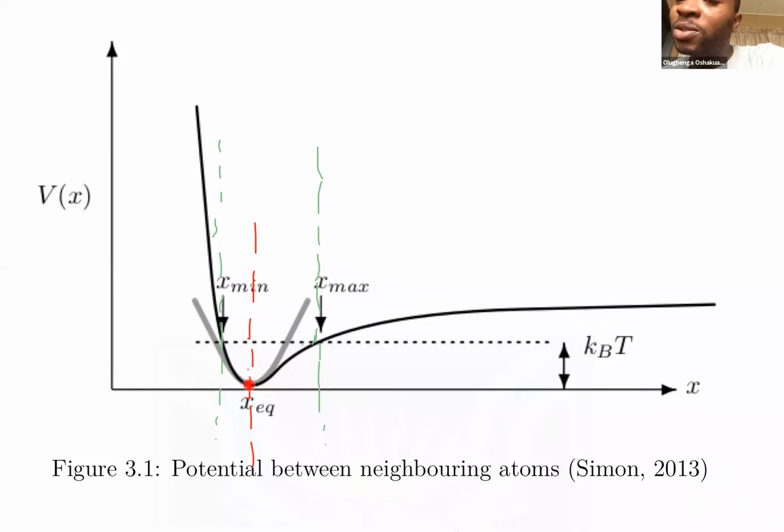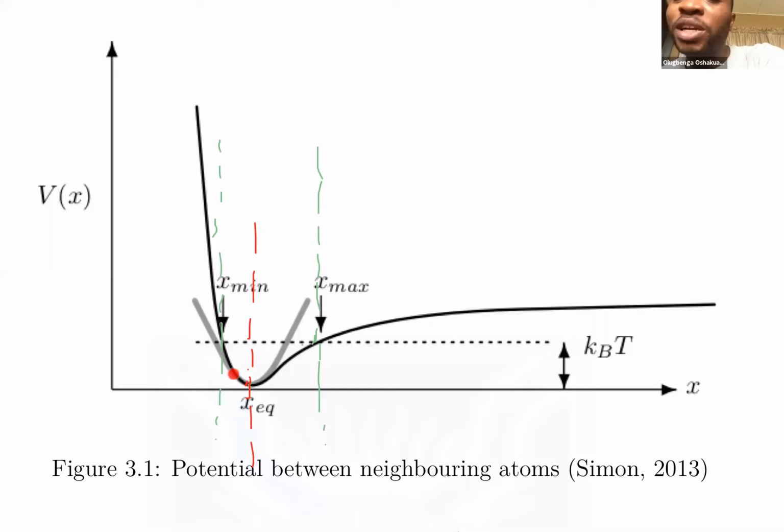So when this atom wants to vibrate, that is sitting at the equilibrium position, that is having a distance x eq from its neighbor, when temperature increases, it will not just increase in length, it is its vibration that will increase. It will not just increase in length towards the right, it will be oscillating to and fro.